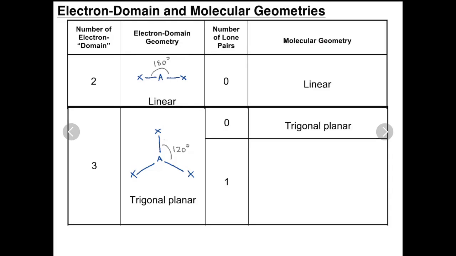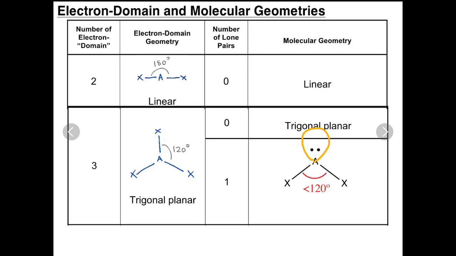Now, when you introduce one lone pair, let's say I'm removing this X right here and replacing it with a lone pair. As we looked at earlier, the lone pair occupies more space. Therefore, this lone pair is going to push the two bonding pairs closer to each other, because the bonding pairs move away from the lone pair, which has stronger repulsion.